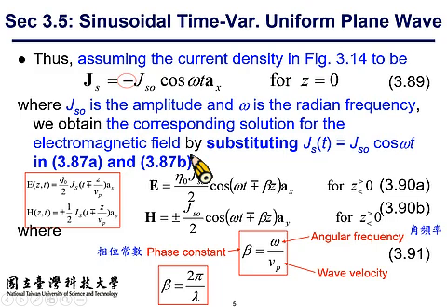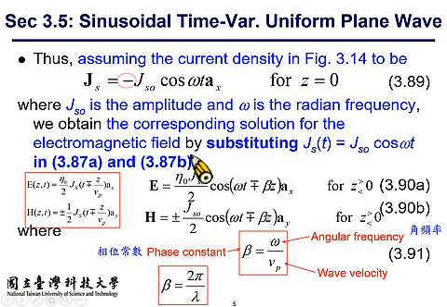Note that the difference between E, H, and J is that the function parameter of E and H is omega t minus or plus beta z, while the sinusoidal function for J only has omega t.